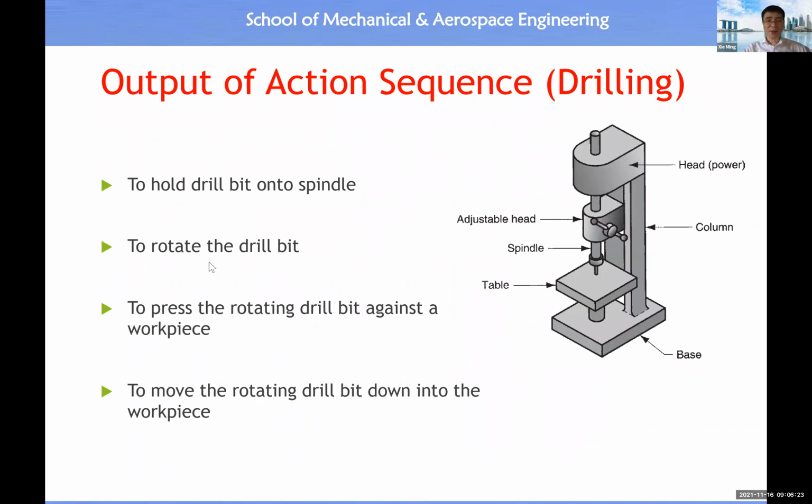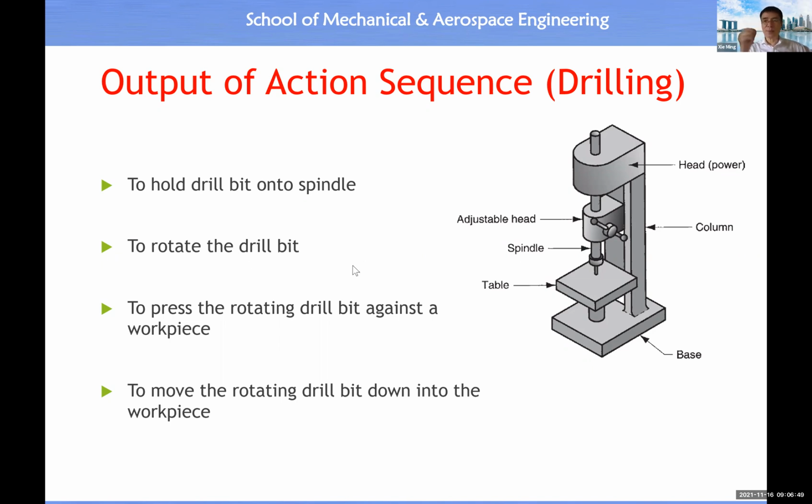This is a possible version of the answer to the question. We may have this version of the action sequence. The first action is to hold the drill bit onto the spindle. You see the spindle is here, so it's just to attach the drill bit onto the spindle. Then rotate the drill bit.